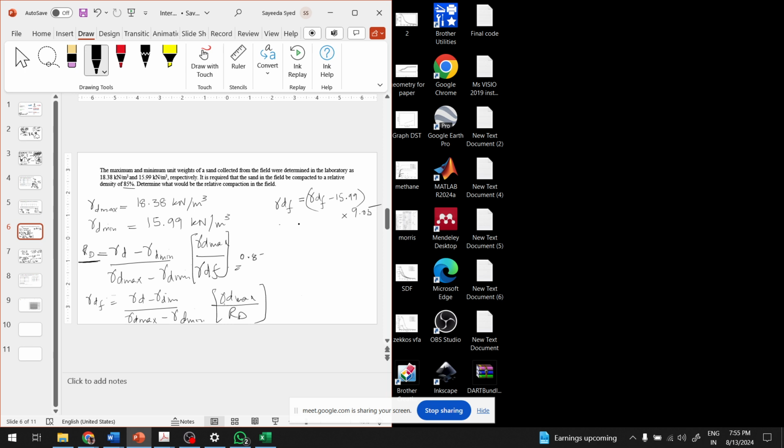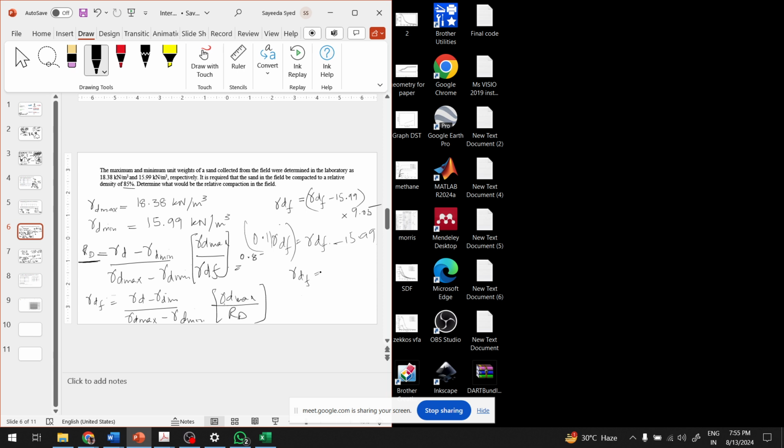Actually, what I should have done was take an inverse of this. 0.11 gamma df is equivalent to gamma df 0.11 minus 15.99. Okay, I got it, where I made the mistake.